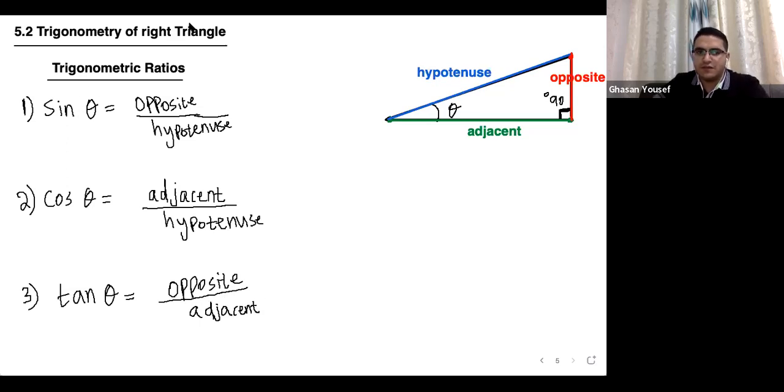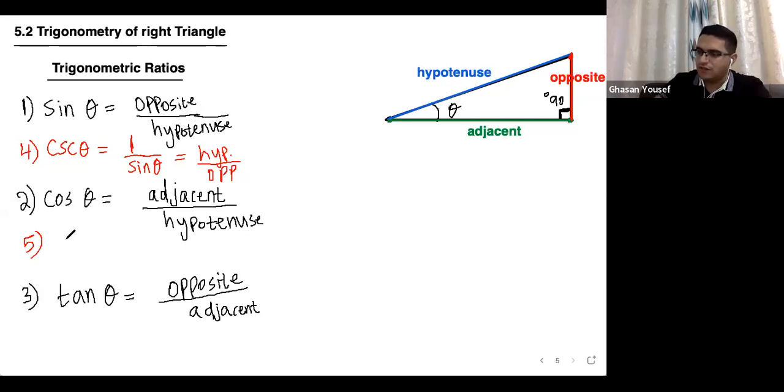In the same way, we have the reciprocals. The reciprocal of the sine is called cosecant. Cosecant theta equals 1 over sine theta, and this equals the hypotenuse over the opposite. The reciprocal of the cosine is called secant.